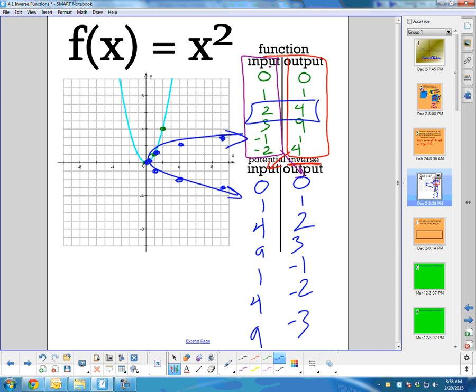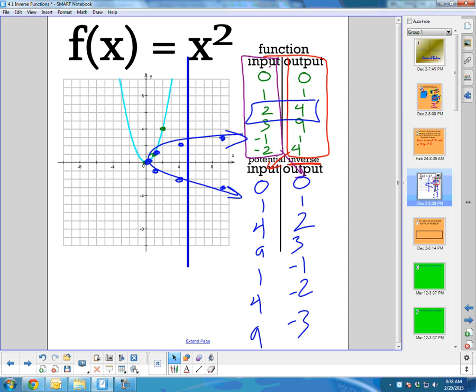And there's a couple of things that I should notice here about what's going on. The first and most important is to say that the potential inverse here fails the vertical line test. If I were to take a vertical line and scroll it across the coordinate plane, clearly this inverse fails the vertical line test.